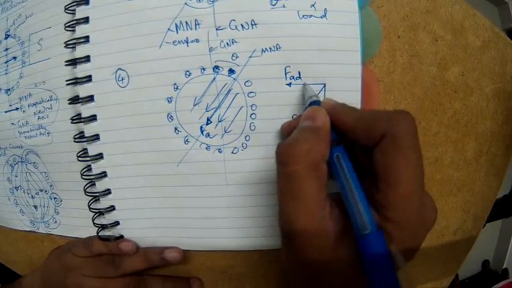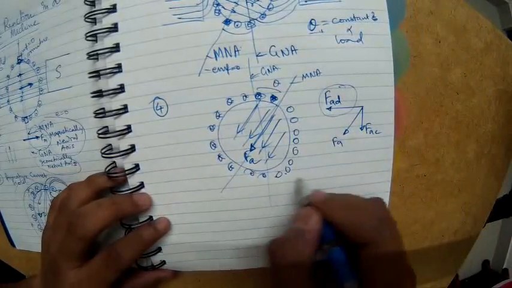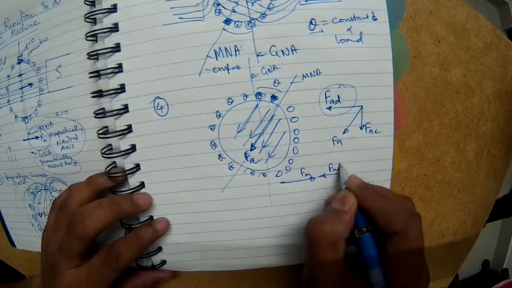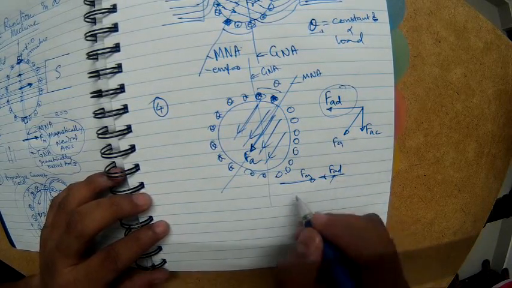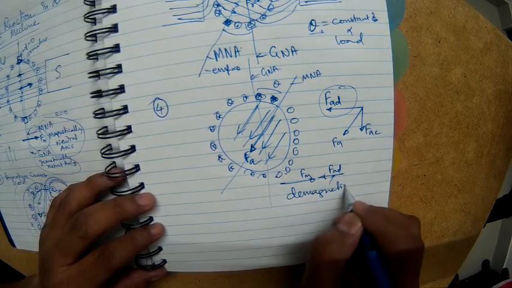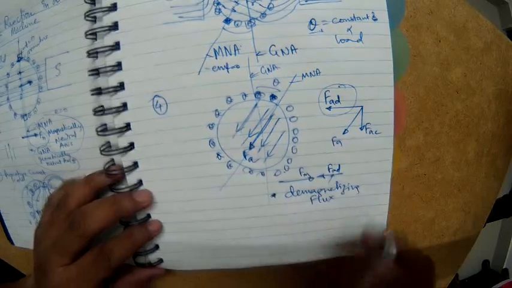You notice the relation between FAD and FM: they are opposite each other. This is FM and this is FAD. So FAD is nothing but the demagnetizing flux generated by the armature.